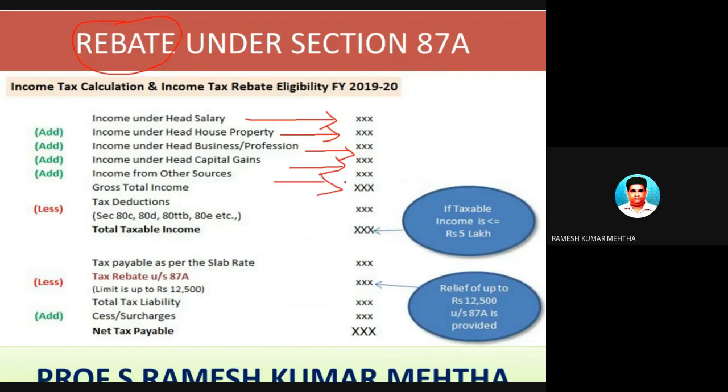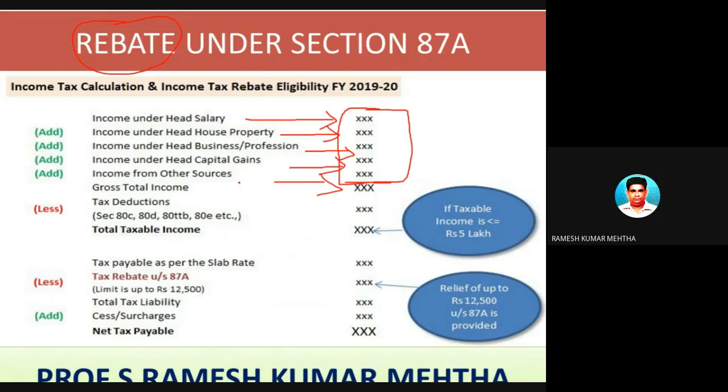So this is the gross total income. We have done some numerical problems on all incomes, and the video on income from all sources is uploaded on my YouTube channel. You can refer to that video for further information and knowledge on how to compute gross total income.